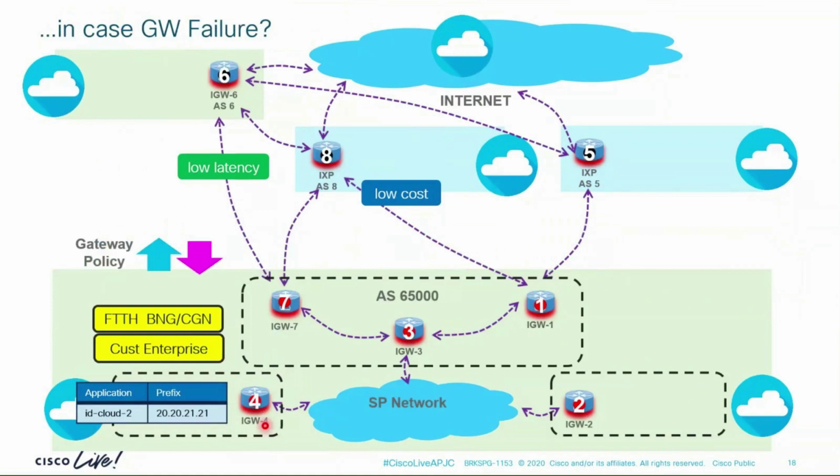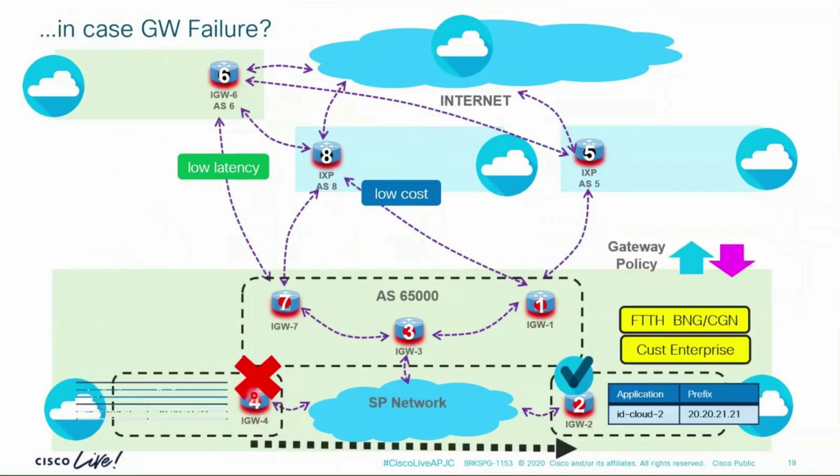Then, in case there is a gateway failure here, Gateway 4 already has its own ingress and egress policy, and if Gateway 4 fails, we would like to have the capability to automate a seamless gateway policy motion, move to the other gateway here, and have the same exact traffic ingress and egress policy in a very automated manner.